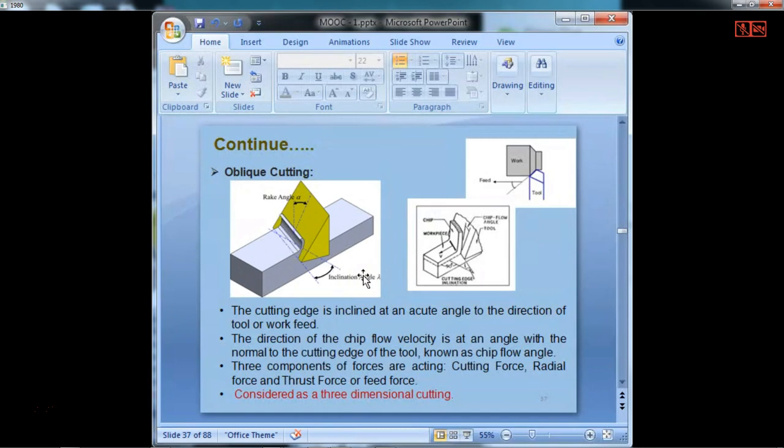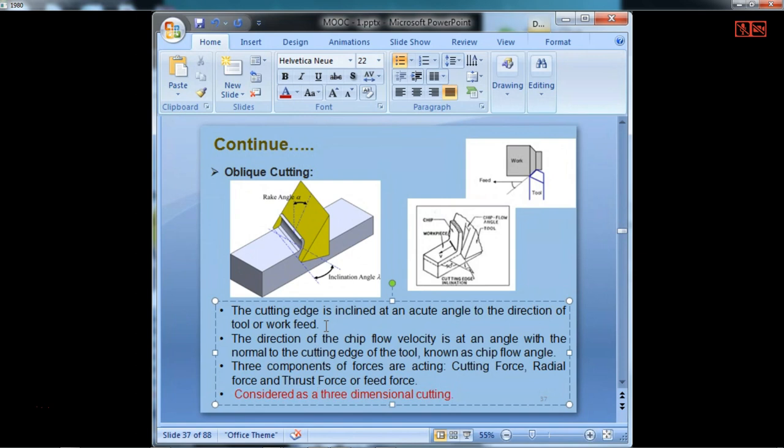This inclined angle alpha is called the inclination angle. What is that angle? The cutting edge is inclined at an acute angle to the direction of tool movement on the workpiece. When you have that angle, it is called oblique cutting.